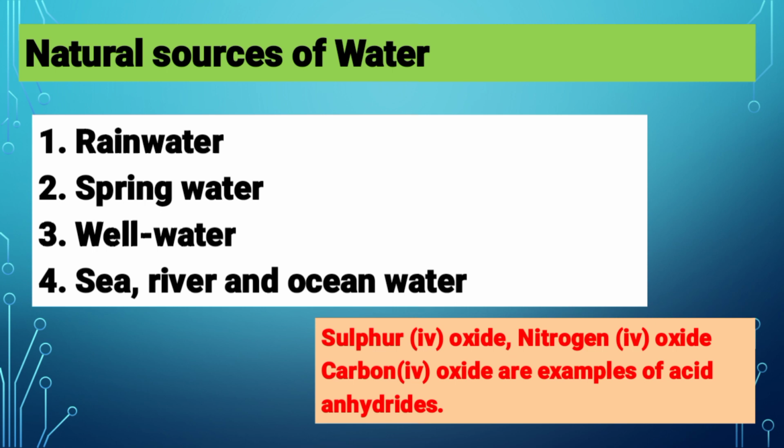If it dissolves in water, it's going to give us trioxosulfate IV acid. Nitrogen IV oxide will do that, although in the presence of oxygen. Carbon IV oxide will also be acidic. So if the rainwater mixes with these acid anhydrides, it is highly possible that they will dissolve in water and form acid.